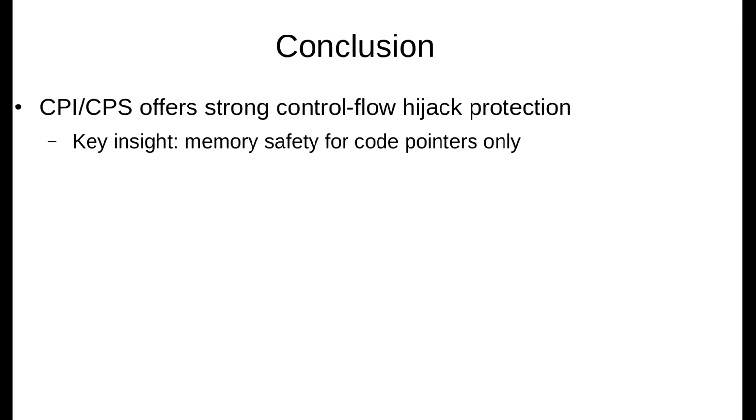So let me conclude. Code pointer integrity and code pointer separation offer strong protection against control flow hijack attacks. The key insight that we had here is that we offer memory safety for code pointers only, which allows us to limit the overhead that we actually incur, bringing down the overhead from almost 120% to less than 2 to 8% on average, depending on if you use code pointer separation or code pointer integrity, which is easily deployable in practice and can be used on a very wide scale without impacting the runtime performance of current software.